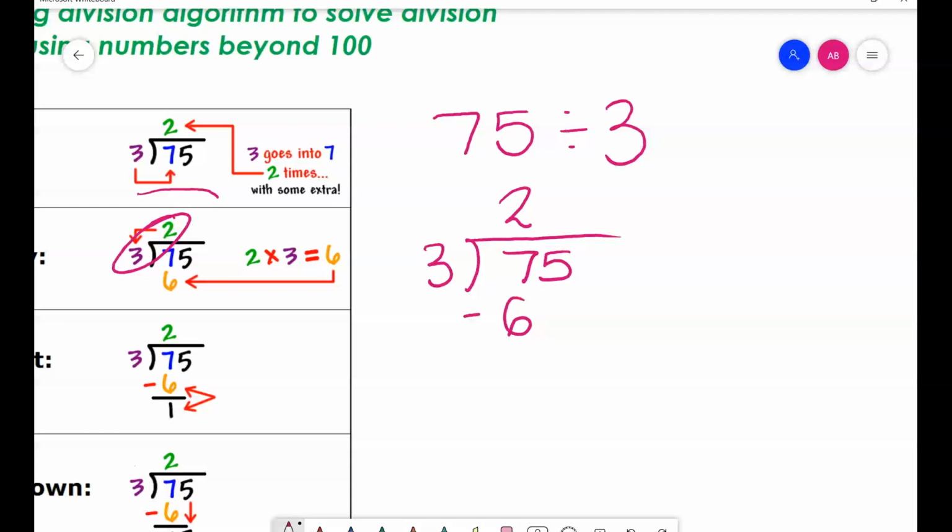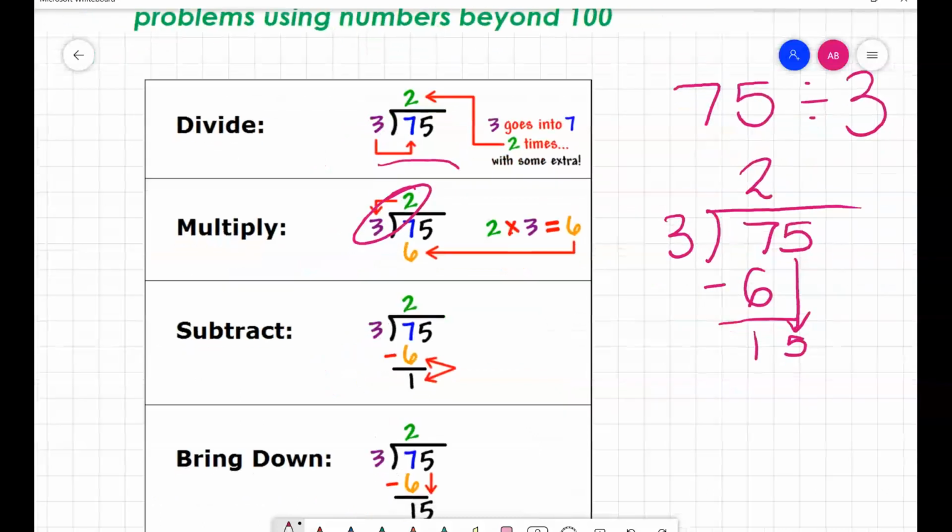And I'm going to take that away because I've used up those 6. I've made 2 sets of 3, I've used up 6. How many do I have left? Well, now I have 1 left. Then I'm going to look at the 5, and I need to bring that down so that I'm looking at these numbers together. So that's the bringing down part.